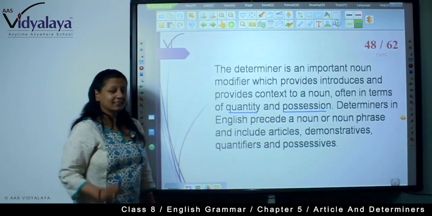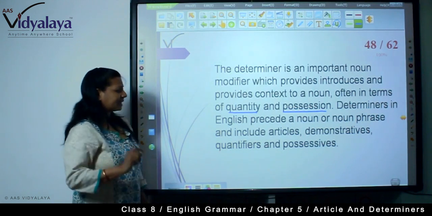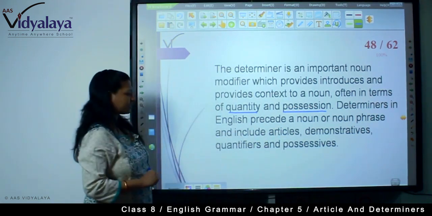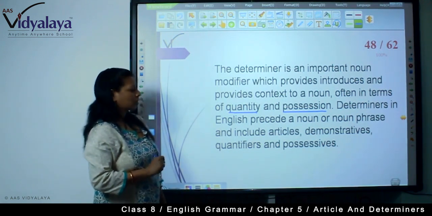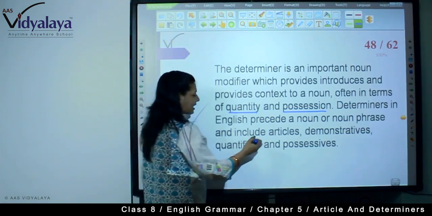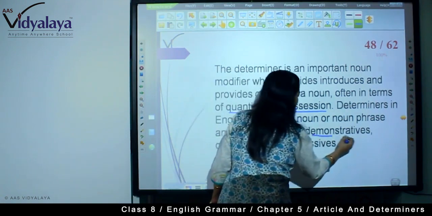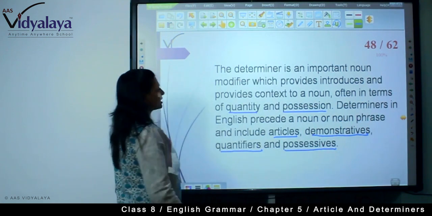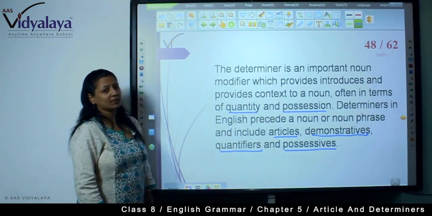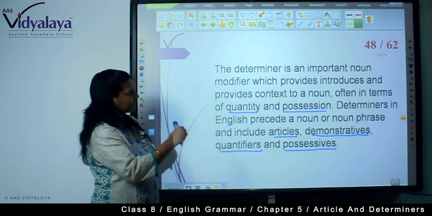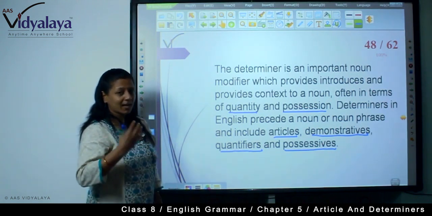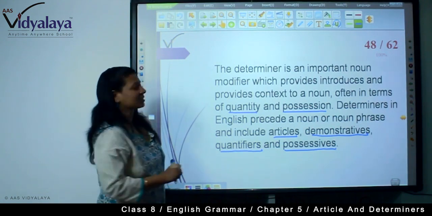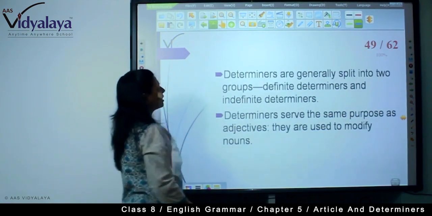Determiners in English precede a noun or noun phrase and include articles, demonstratives, quantifiers and possessives. So these are very important noun modifiers. With these determiners we make our sense a little more clear. So let's see what is there in this session.